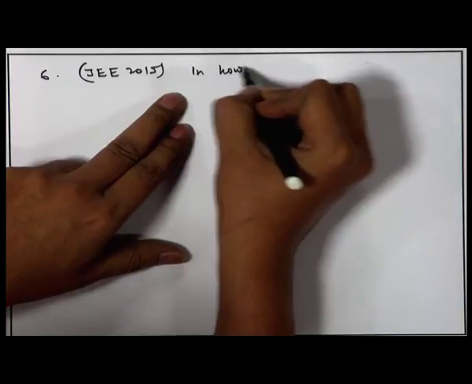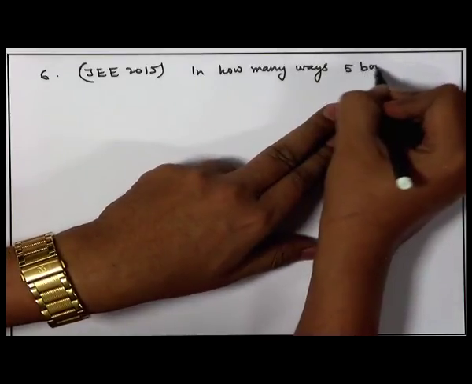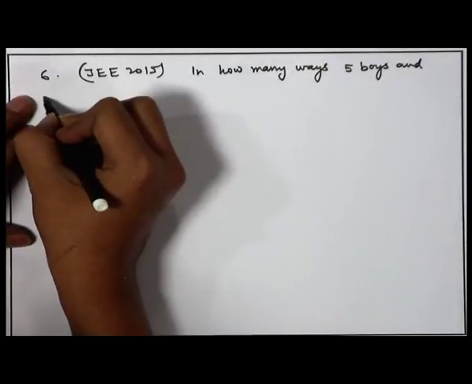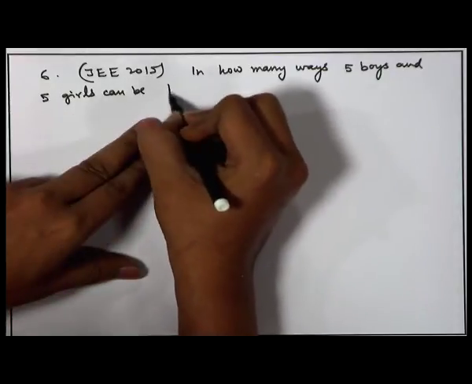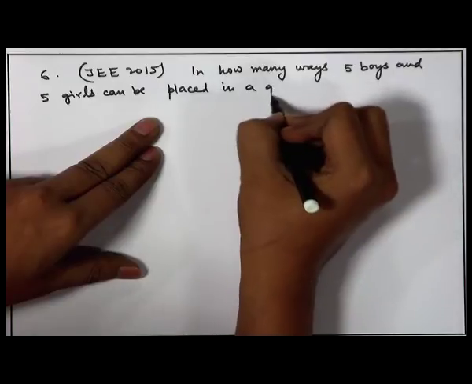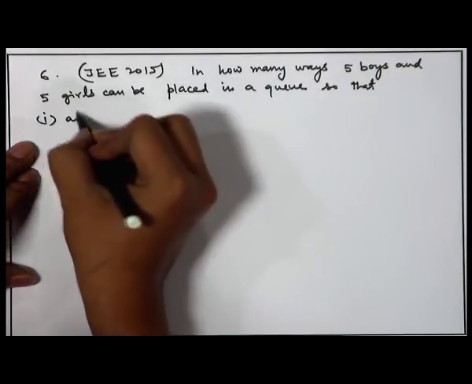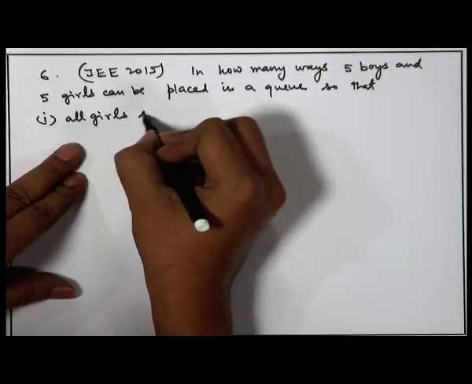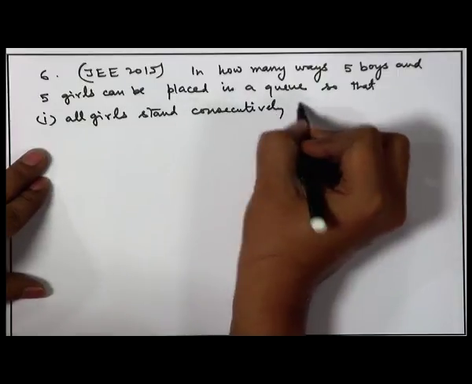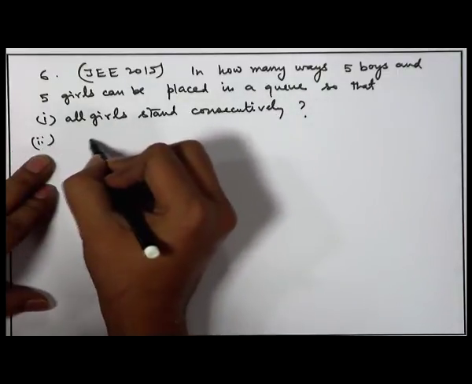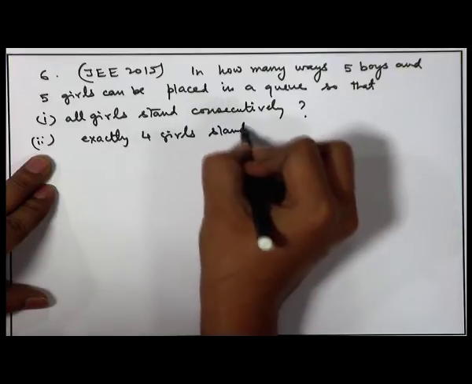In how many ways can 5 boys and 5 girls be placed in a queue so that all girls stand consecutively, or exactly 4 girls stand consecutively.